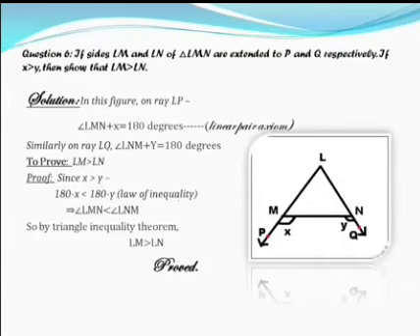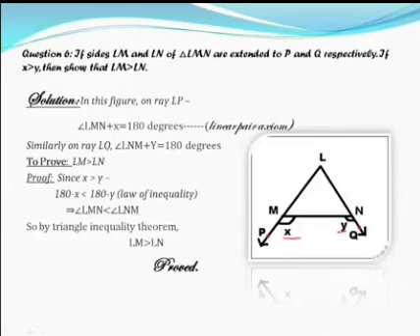In this, the statement is: if sides LM and LN of triangle LMN are extended to P and Q respectively and x is greater than y, then show that LM is greater than LN. Firstly, we have been given a triangle LMN whose sides LM and LN are extended to points P and Q respectively, and the exterior angles have been named as x and y.